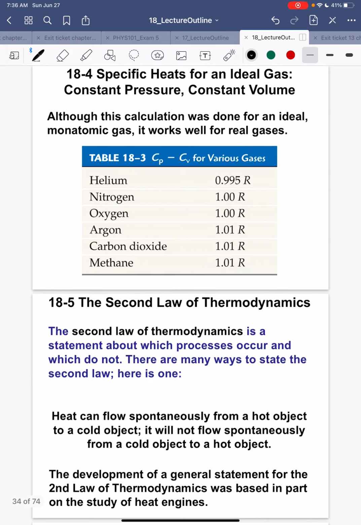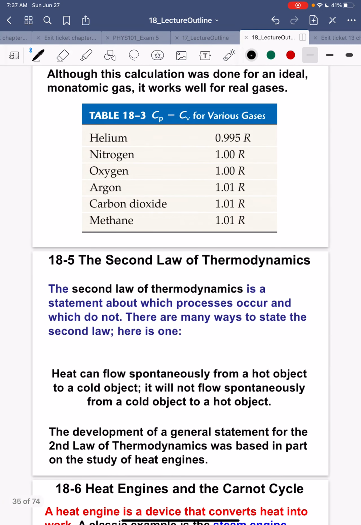Now, the second law of thermodynamics. We are going to see that we have more than one statement for the second law. But it is mostly about processes that can occur and the ones that cannot. There are many ways to state the law, and we are going to maybe go through more than one.